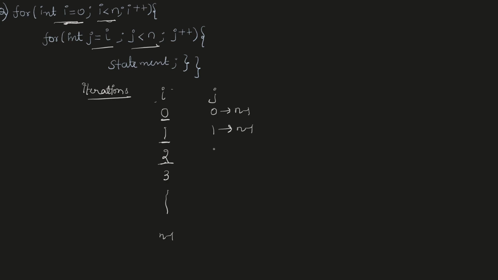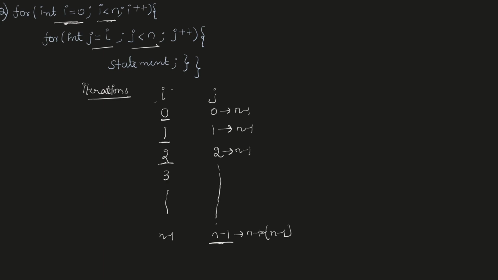Here the value of I is 2, so it goes from 2 to n minus 1. In the same way, it goes up to n minus 1. Because n minus 1 to n minus 1 is nothing but it's n minus 1 obviously.